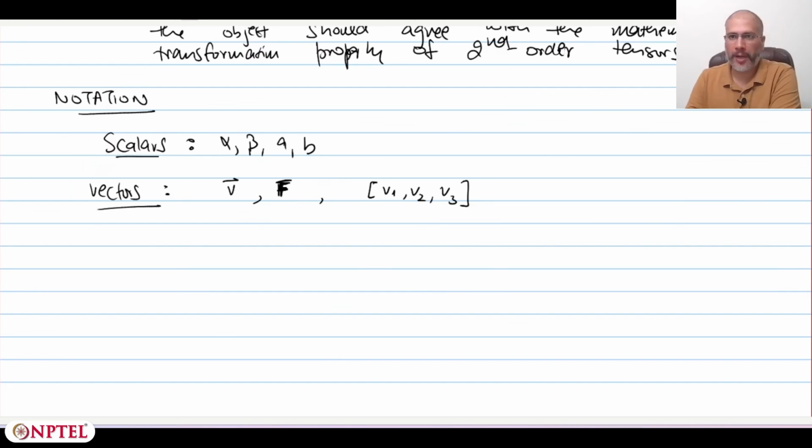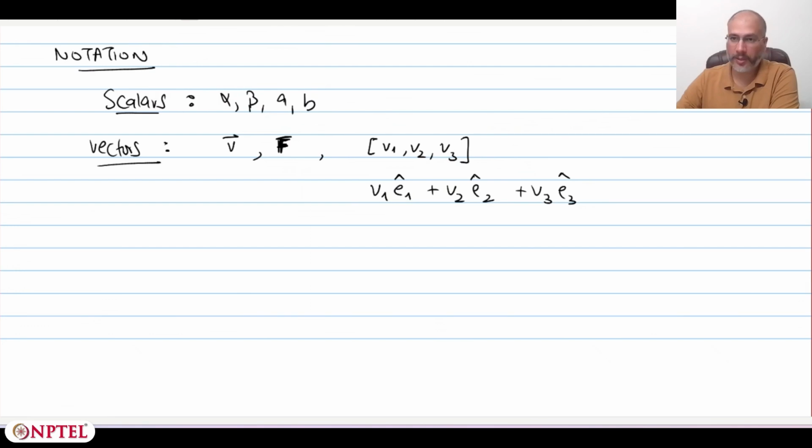If we expand the components, the component form basically expands like this. We say that the vector is written as a linear combination of the three basis vectors E1, E2 and E3. So E1, E2 and E3 are unit vectors in the three mutually perpendicular directions. Here we'll be using a right-handed Cartesian coordinate system.